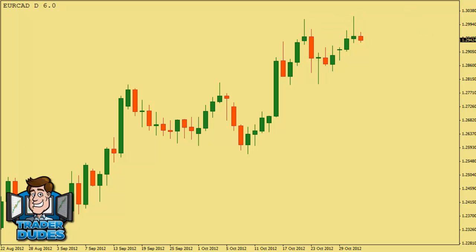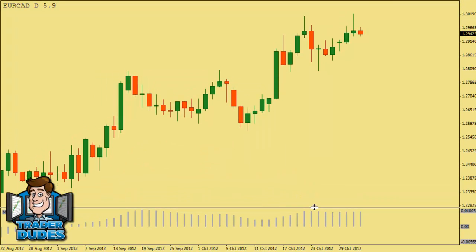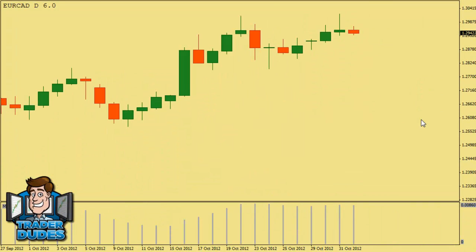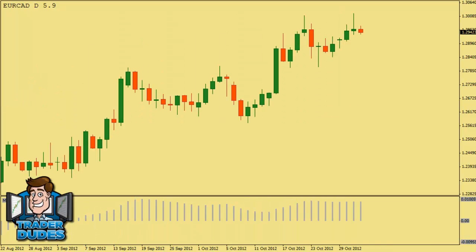So if we drag our MACD onto the chart, we can see that it's a little difficult to see here, but if you take a look there, we have some divergence there. We also have divergence on the larger time frame.